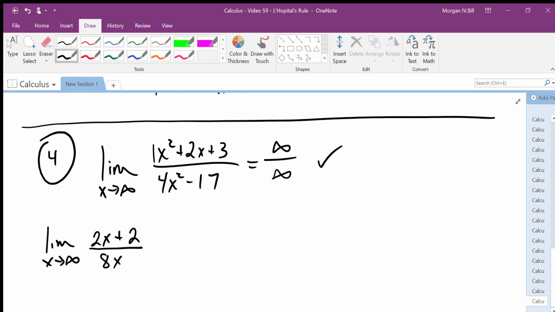But sometimes you'll do it once, you'll try plugging in direct substitution, like in this case, and you don't get an answer. You still have something in indeterminate form. If we were to plug in infinity, we get 2 times infinity plus 2 is infinity, and 8 times infinity is also infinity. This is still indeterminate form, infinity over infinity, so we can use L'Hopital's rule again.